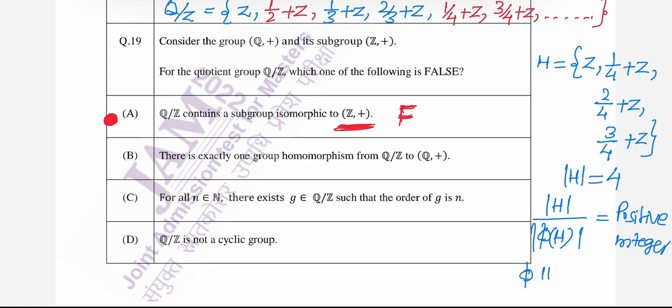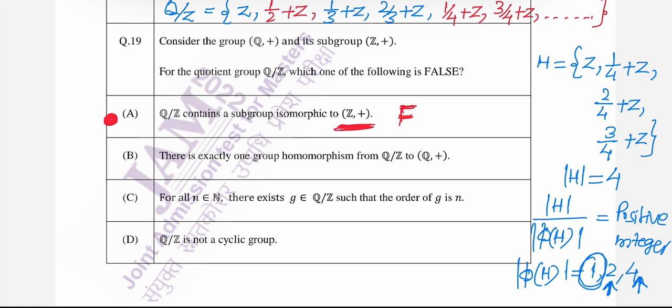It means that the order of phi H may be 1, 2, 4, but you know there is no subgroup of order 2, we already discussed that, and also there is no cyclic group of order 4 in Q plus. So the only remaining option is 1.